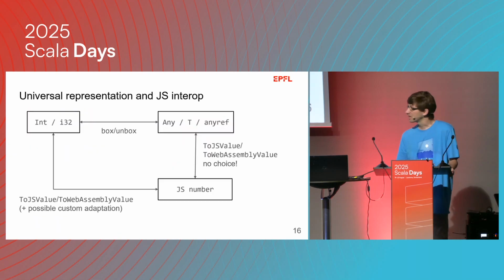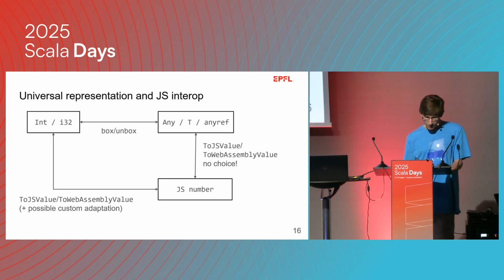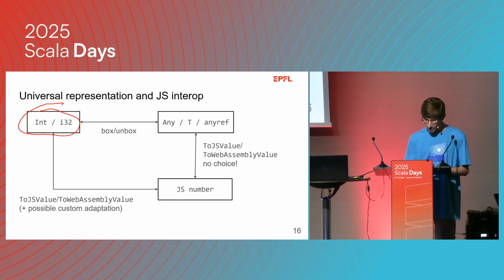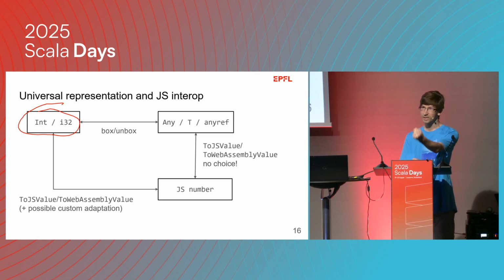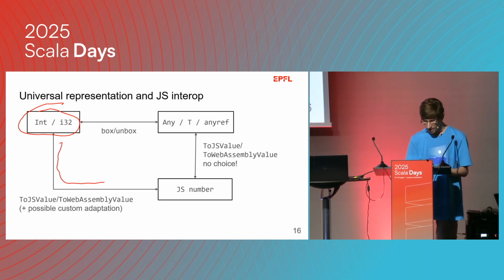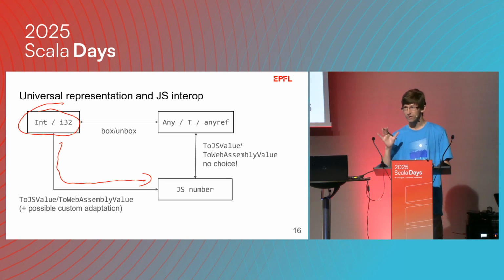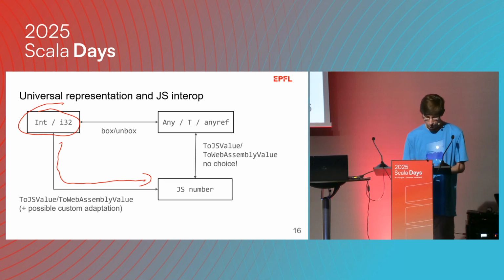If we look at it in more detail here, we start from here with an int or an I32. This is fine. If we directly call in a monomorphic context, I have a primitive int, I give it to JS, I follow this arrow. And this arrow I have control over, right? First, I have the nice JS WASM boundary that does the right thing here. But if you need a little bit more control, you can customize this specific arrow.